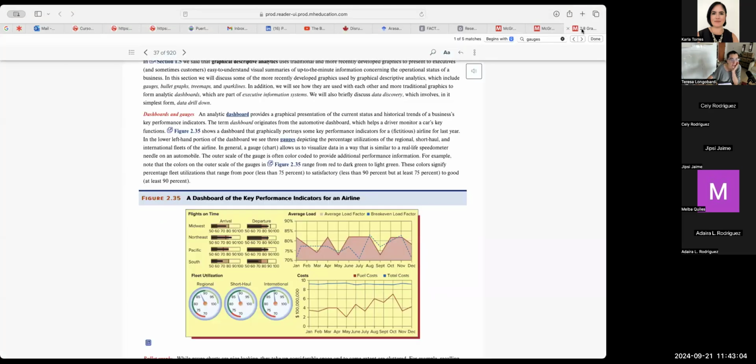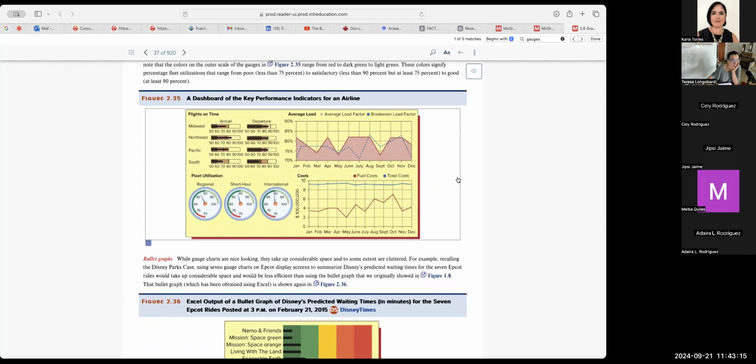Well, if I understand this properly, it doesn't show a single... well, it shows a single measure, does. These colors signify fleet poor and satisfactory to good at least.